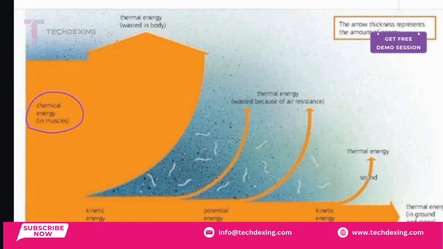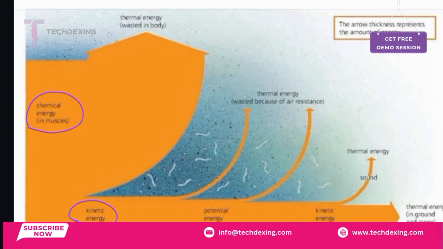We discussed that whenever a boy is picking up a stone and throwing it up in the air, the boy is consuming energy from his muscles. And what type of energy is stored in our muscles? Chemical energy is stored in our muscles.